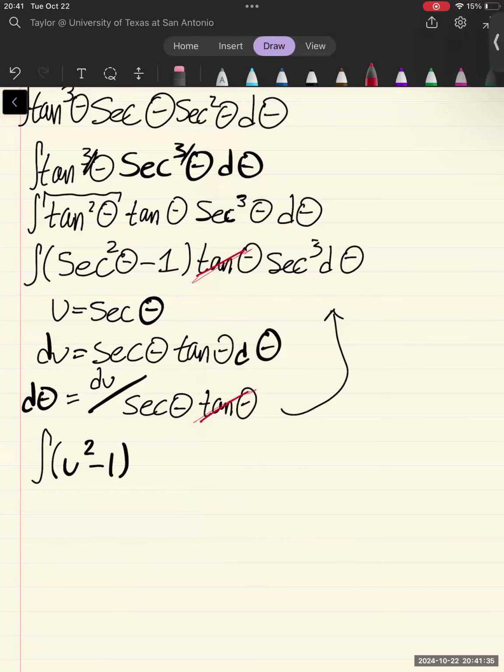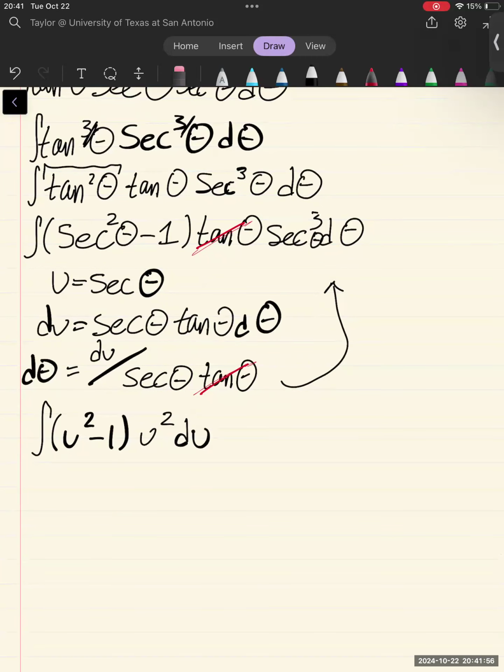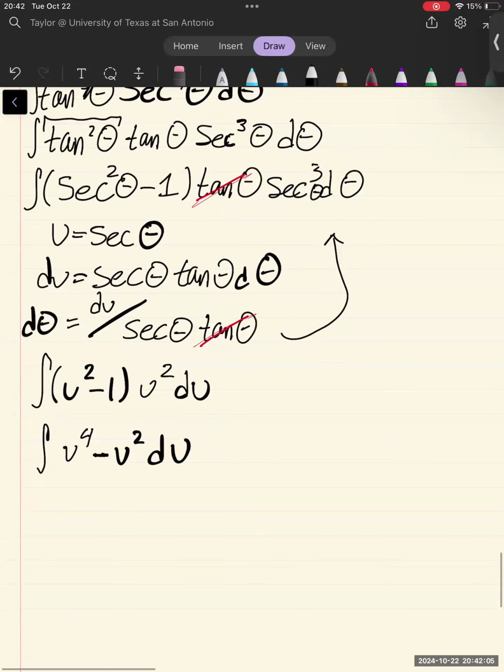Here and here. And then if I divide secant cubed by secant, what do I get? Secant squared. Nice. And then what did we let secant be? u. So u squared, and then back to du. Now I'm going to distribute that u squared, which gives me u to the 4th minus u squared du. Take this integral.